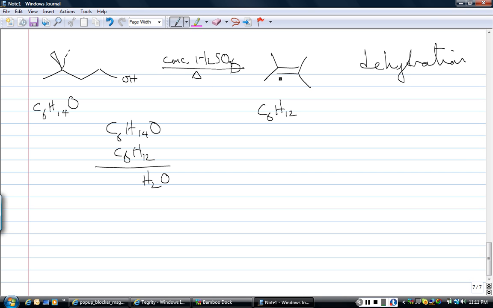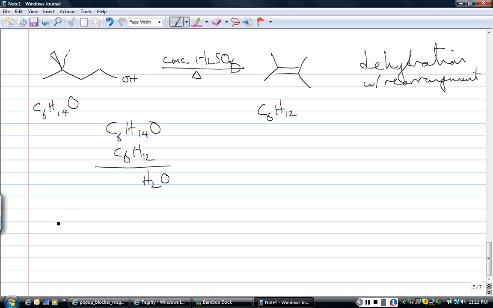But none of the carbons in the product has 1 H. Essentially what also happened in this reaction is one of these methyl groups moved over to this carbon, and I also lost an OH and an H. So this is a dehydration with rearrangement. Or if you wanted to, you can also say it's a rearrangement with dehydration, but typically people identify this reaction first as the dehydration, but it's also accompanied by skeletal rearrangements.